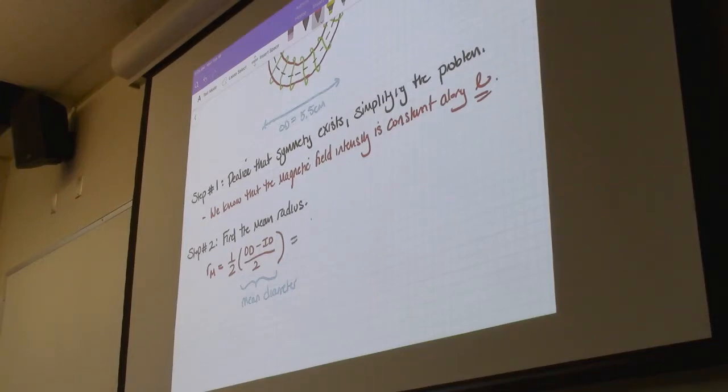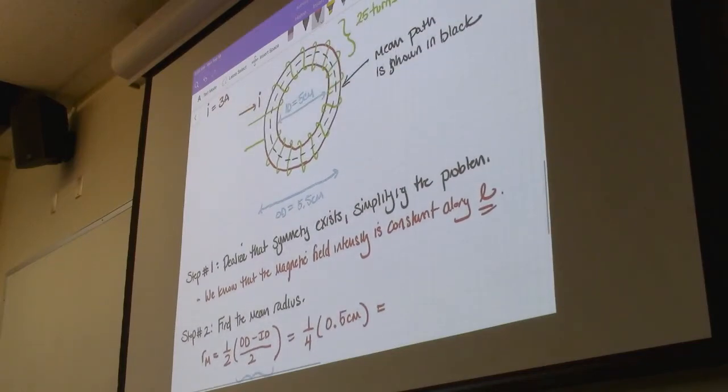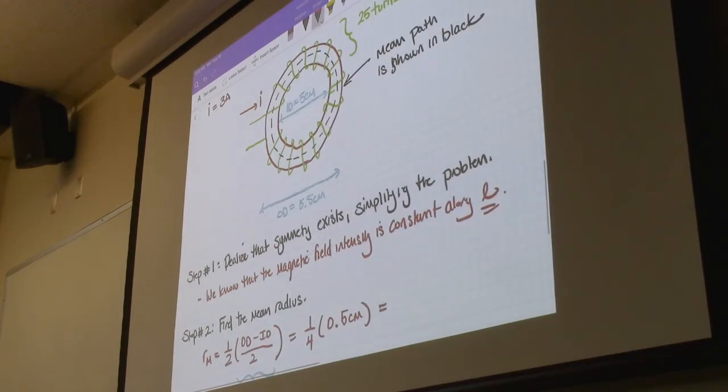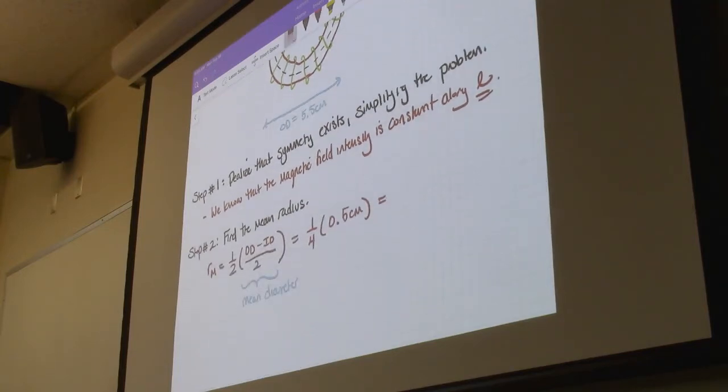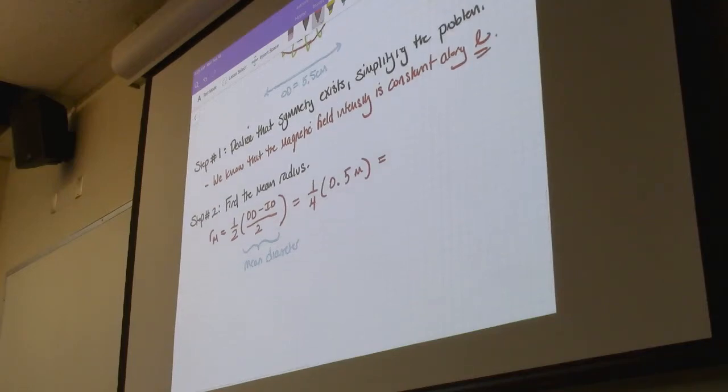Here we have 1/4 times the outer diameter minus the inner diameter. It's 0.5 centimeters. So 0.5 divided by, 5.5 minus 5 over 2. Well, I moved the 2 out, I made it 1/4. So what's that? 1.25 centimeters.